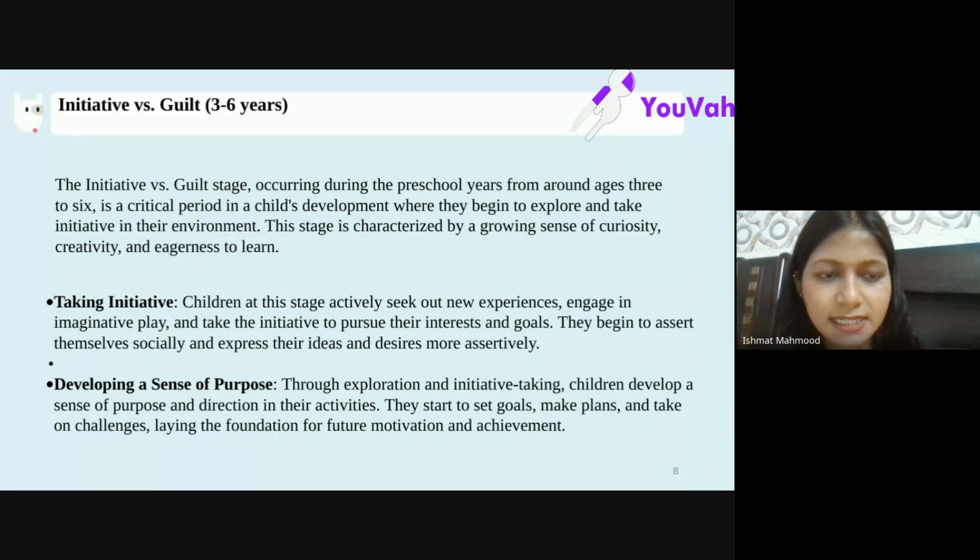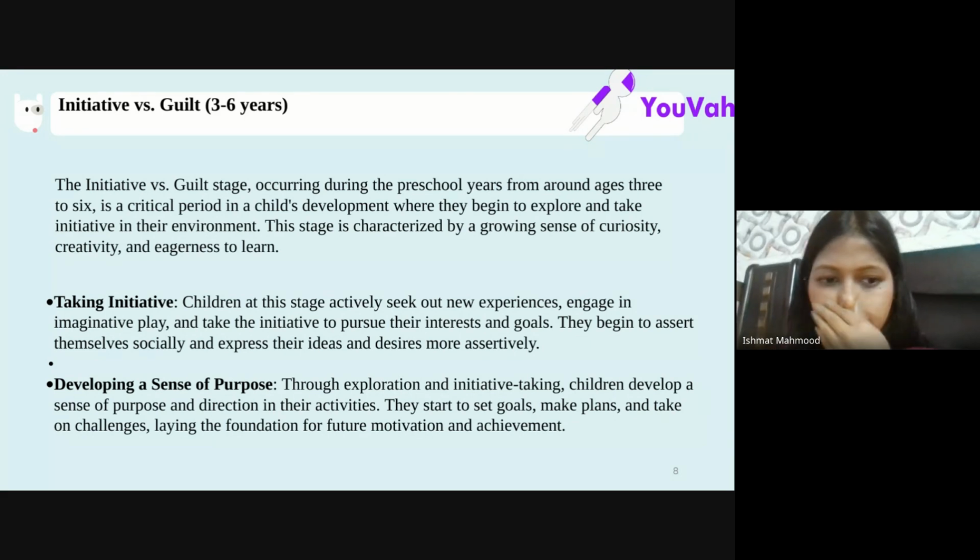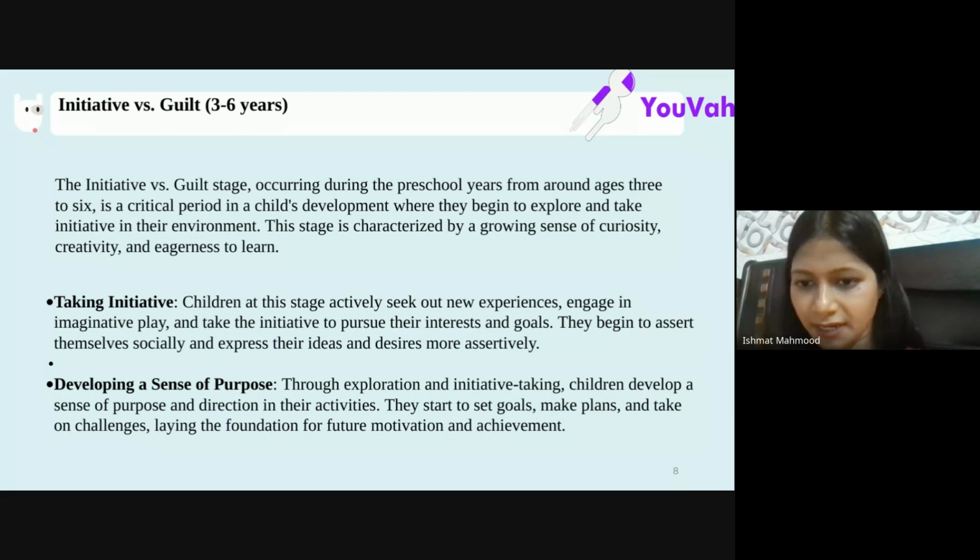So the next stage is initiative versus guilt. This stage starts at the age of 3 to 6 years. Here, if we go with the definition, if we are able to initiate something, suppose there's a play or some house party we are organizing at home, and the child is there, and they want to initiate, saying we'll plan it like this, first we'll do this, then we'll do that.